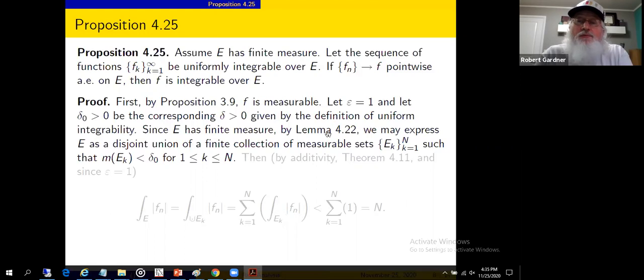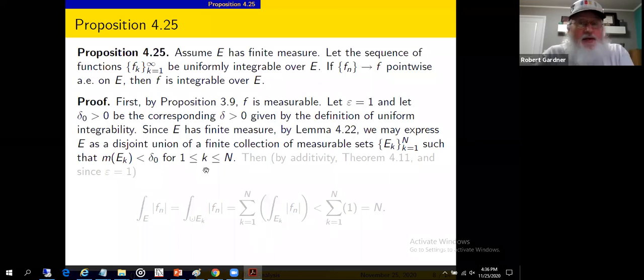E has finite measure. So we go all the way back to Lemma 4.22, the finite measure result. Then we can express set E as a disjoint union of a finite collection of measurable sets, and we can make each of those sets have measure less than this delta sub 0.